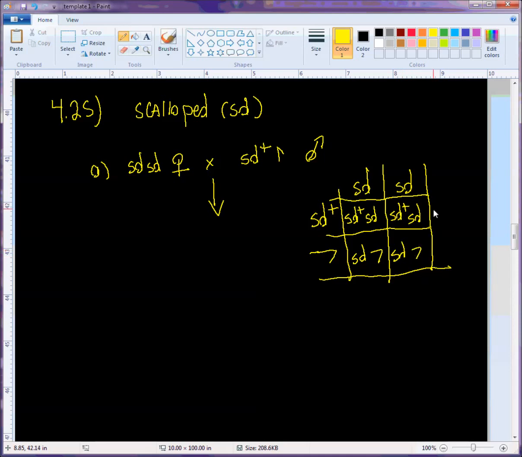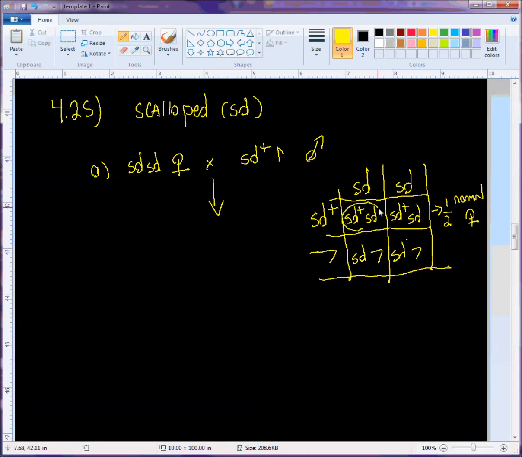So these are the female progeny. One half will be female, right? And then all the female progeny are going to be normal. So one half are going to be normal females, because we have 1/4 females here, 1/4 females here, 1/4 males here, 1/4 males here.